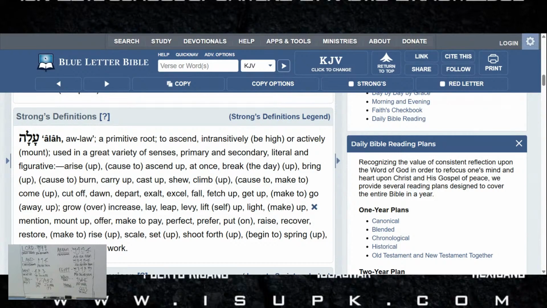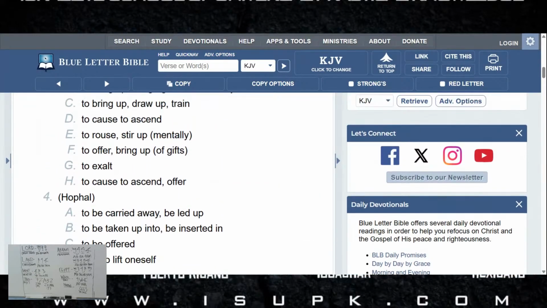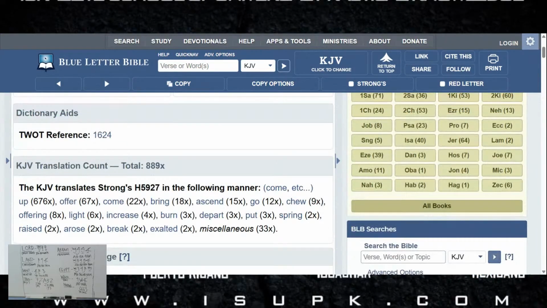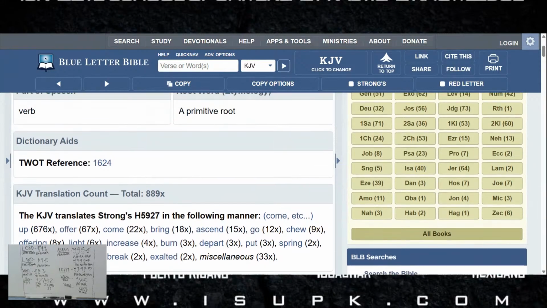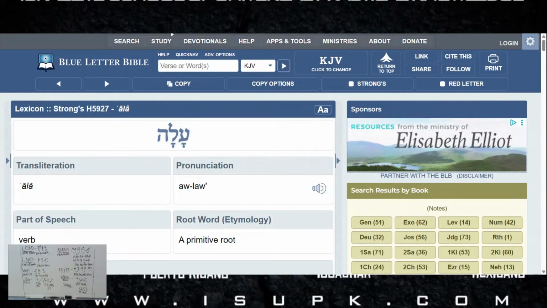To spring up, begin to spring up, to stir up, because it's saying up, which is what it says, primary and secondary, literal and figurative, right? So to ascend up, or somebody lifting themselves up, right? So there we go. Hopefully I didn't confuse you too much with it. I was just reading all the different ones that it was saying, but it's used to ascend, or ascend up, or went up, right? To go up would be a better way to say it.